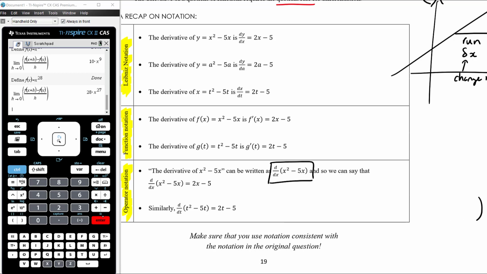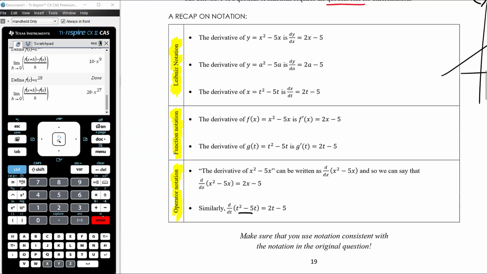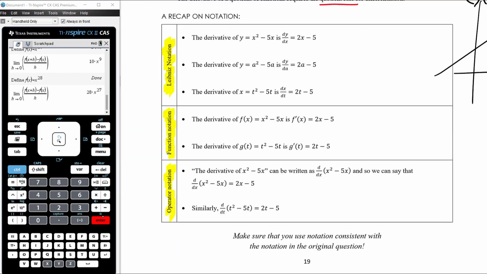Similarly, if you had an expression involving t, you wouldn't be differentiating it with respect to x, you'd be differentiating it with respect to t. It's the same idea. If y were equal to t squared minus 5t, the derivative of that would be dy dt. But if we don't have y, that's okay.